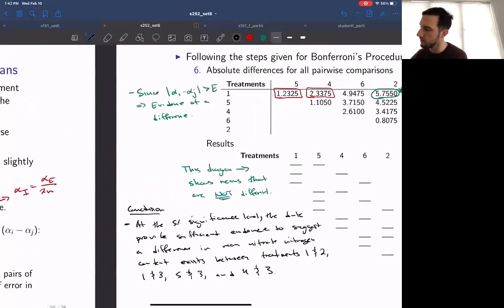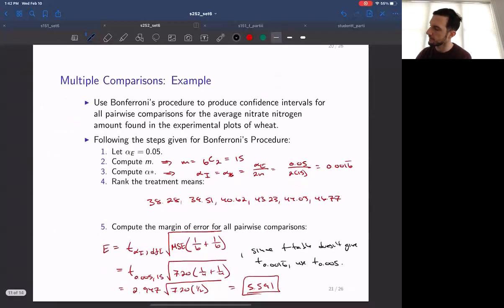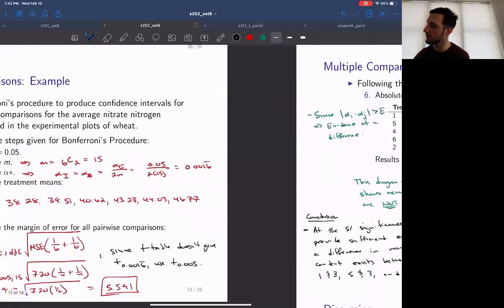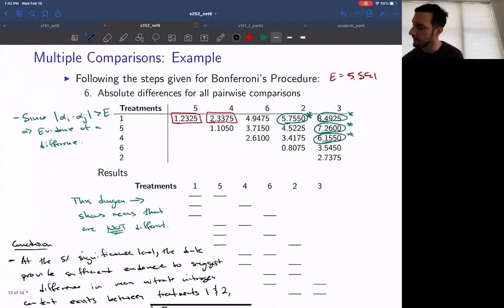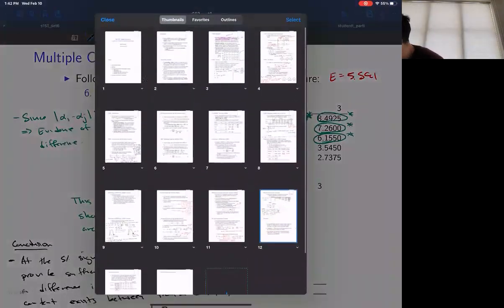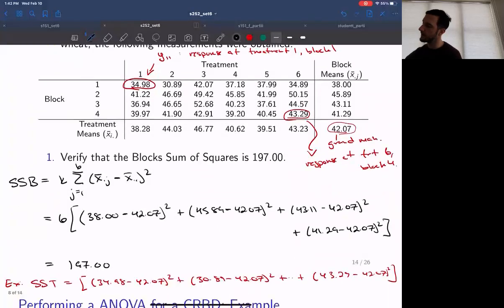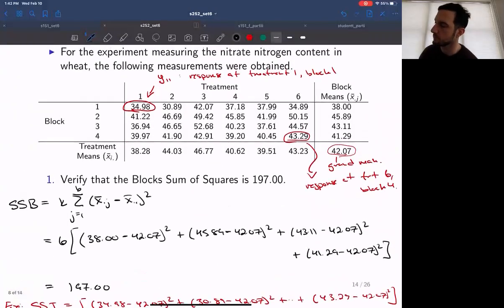So for example, okay, I actually need to pull this out. All right, so if we go back to slide 14, it's the differences between each pair of means that are shown here.